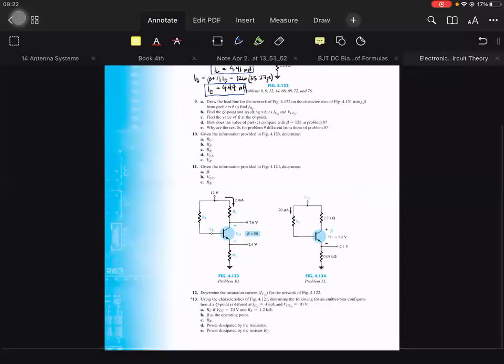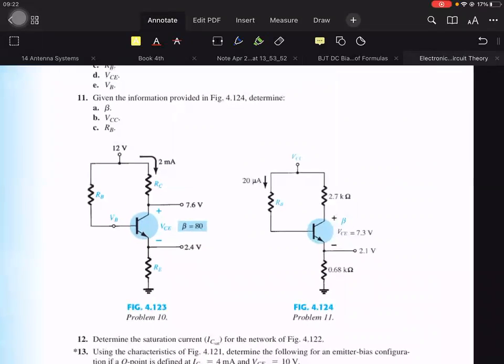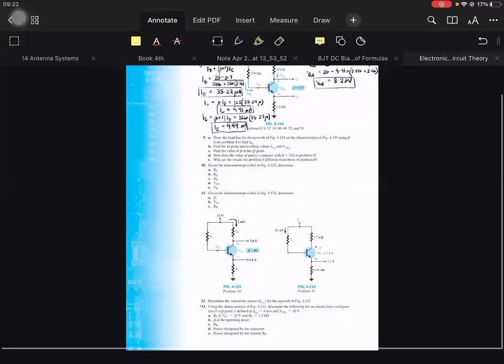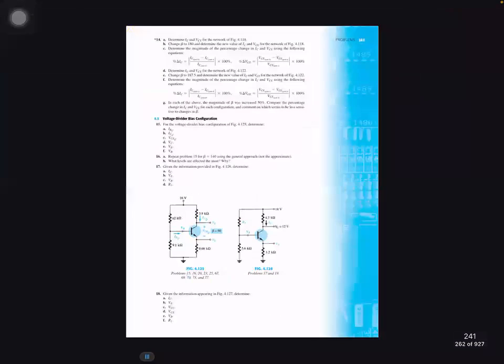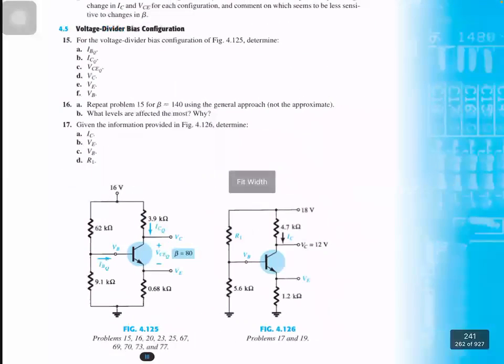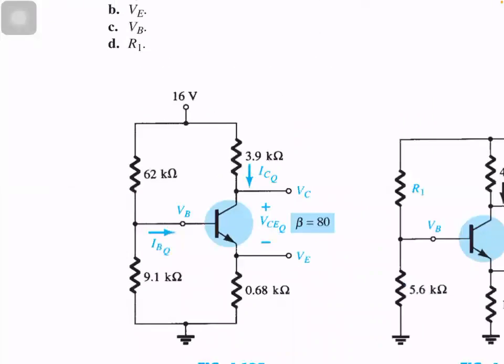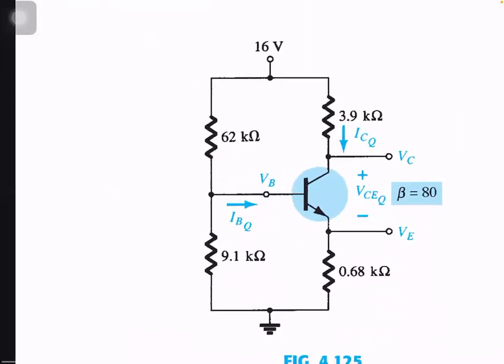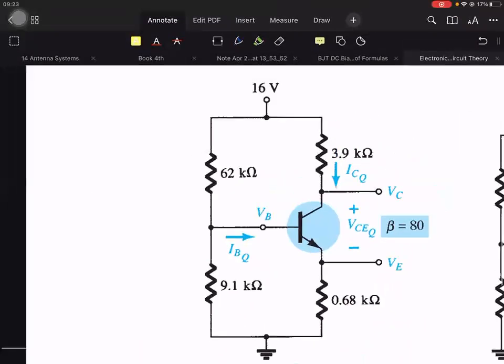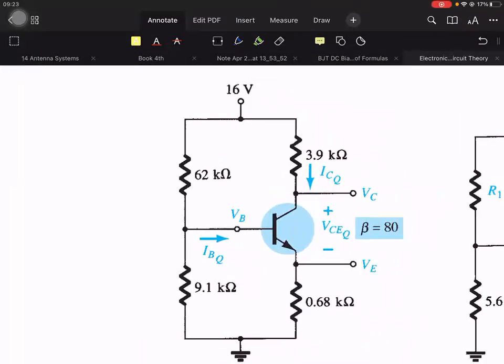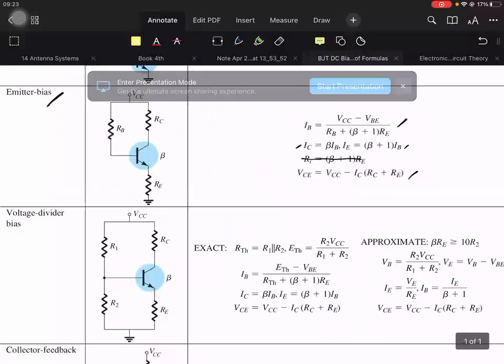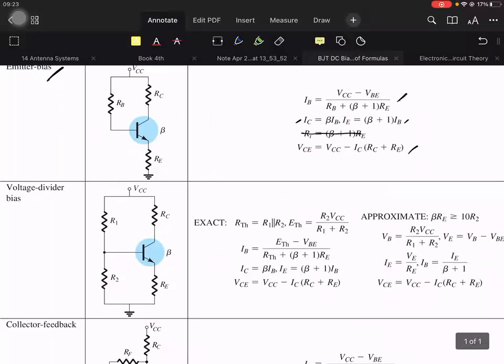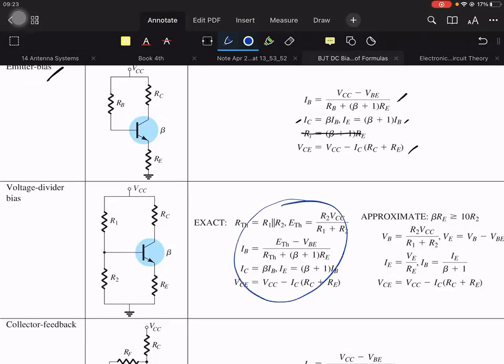So before we solve more challenging examples for the emitter bias, let's proceed to voltage divider like this one. Say this is given. So same again. Voltage divider. So it's either we'll use these formulas or these formulas.